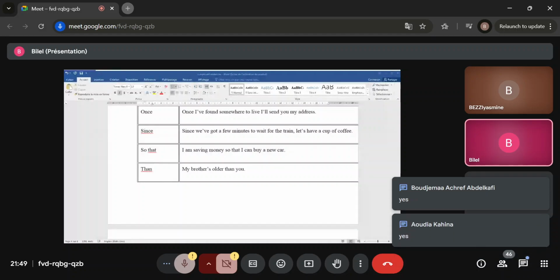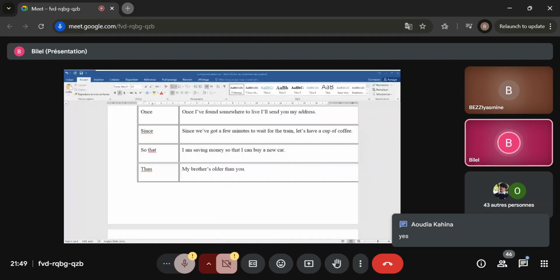So two independent clauses joined by a coordinating conjunction, and before the coordinating conjunction we have a comma. So the first independent clause, comma, coordinating conjunction, the second independent clause.